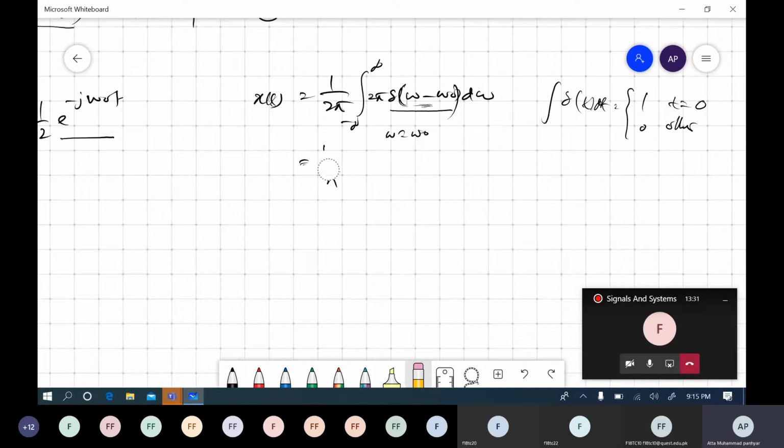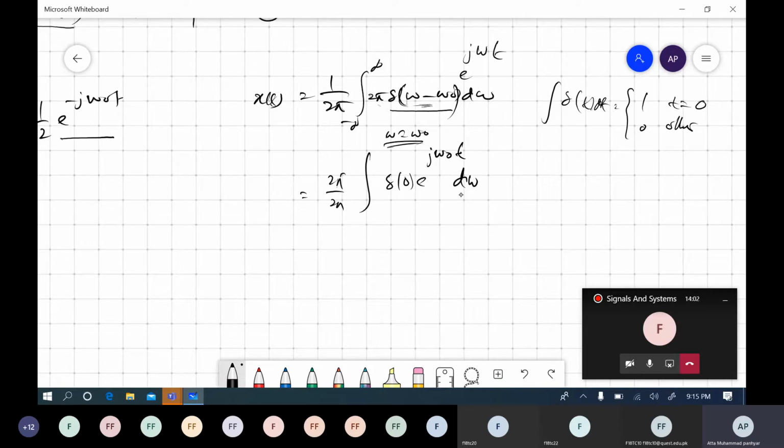So in the result we would get 2 pi by 2 pi, I took this 2 pi outside, and the integral of delta omega minus omega naught times e to the power j omega naught t d omega, when we put omega equal to omega naught.